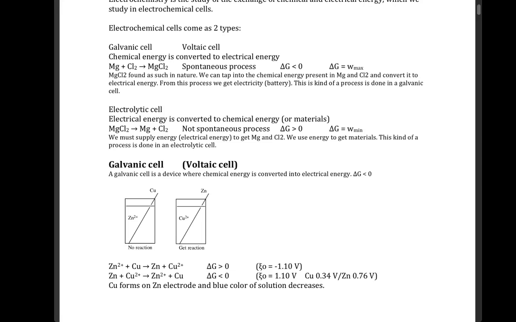If we were to take a zinc nitrate solution, so we have Zn2 plus in solution, along with the spectator NO3 minus, and put a piece of copper metal in it, we would find that we get no reaction. We could wait a while and we still would not get the zinc 2 plus and the copper metal to react.